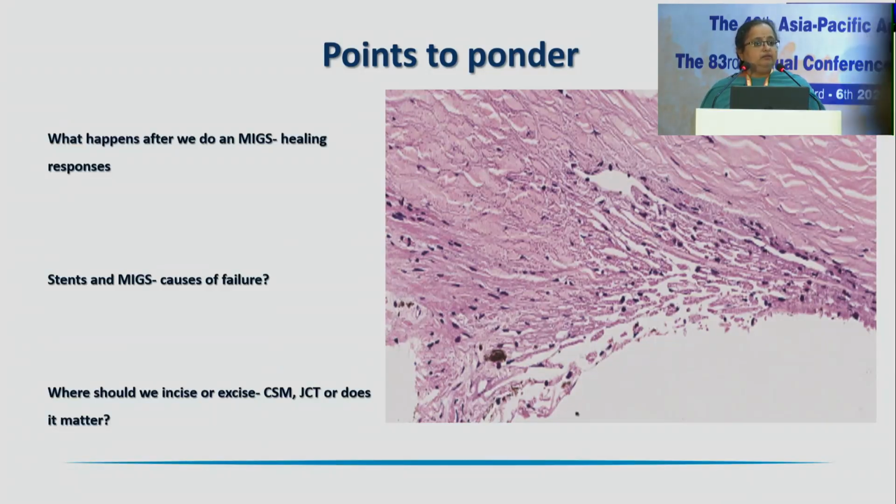You are cutting, you're excising, you're incising, and when you put a suture under the trabecular meshwork, remember you're gouging under it. It's like going under the water at a beach and taking some part of the sand; obviously, that area is not going to be the same. It will be filled up. So what is it filled up with? It is filled up with fibrotic tissue.